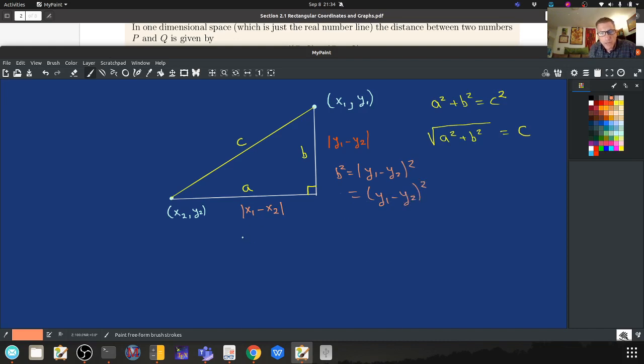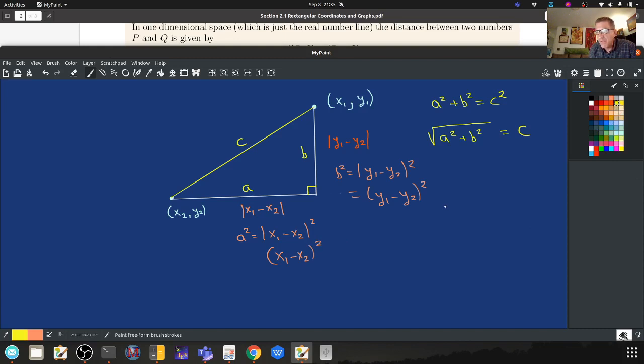When I square a, it's the absolute value of x1 minus x2 squared. But since this is always positive, and any negative number times itself is a positive, and any positive number times itself is a positive, this is just the same as x1 minus x2 squared.